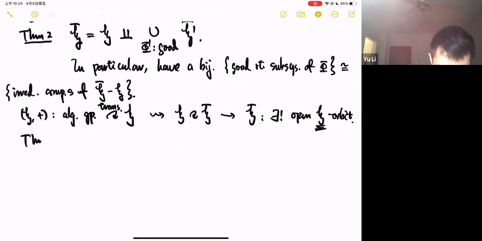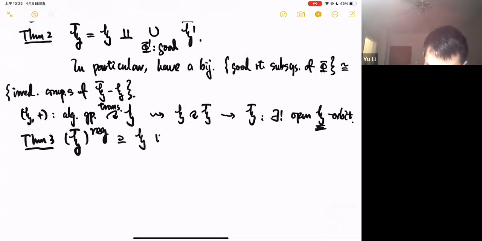So theorem 3. If I take H bar and look at its regular locus, then I know that this contains H and all H prime bar open parts for good phi prime.